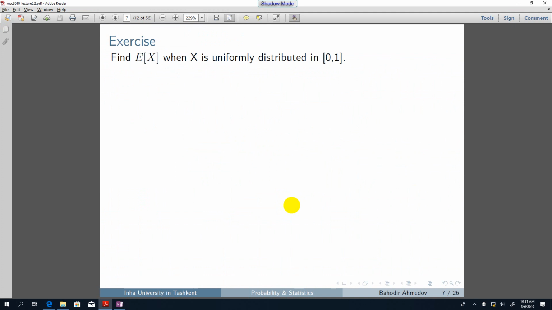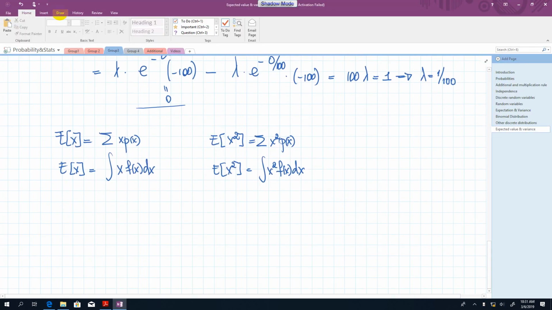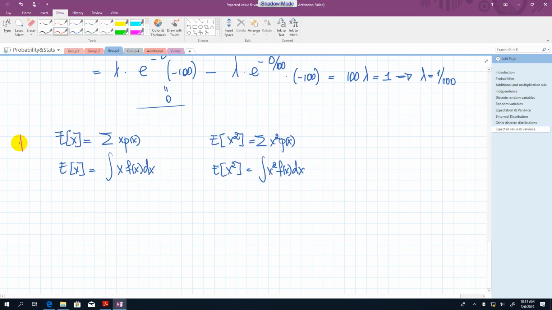Let's do an example. Before we start, let's define what the uniform distribution is in a continuous case. So what is a uniform distribution in a discrete case? Let's say x takes the values 1, 2, 100, 500.